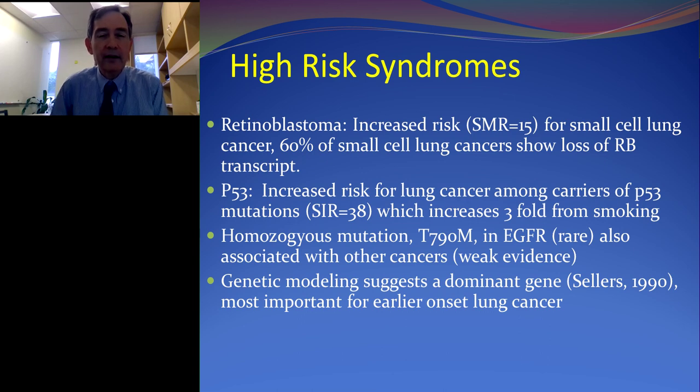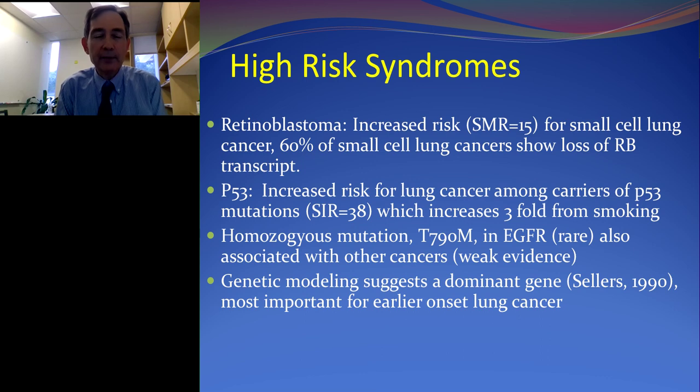In the background, there are some high-risk syndromes that predispose to greatly elevated risks. People with an inherited mutation of retinoblastoma have about a 15-fold higher risk of getting small cell lung cancer, and we know that small cell lung cancers often have retinoblastoma mutations, so those two are tightly connected.